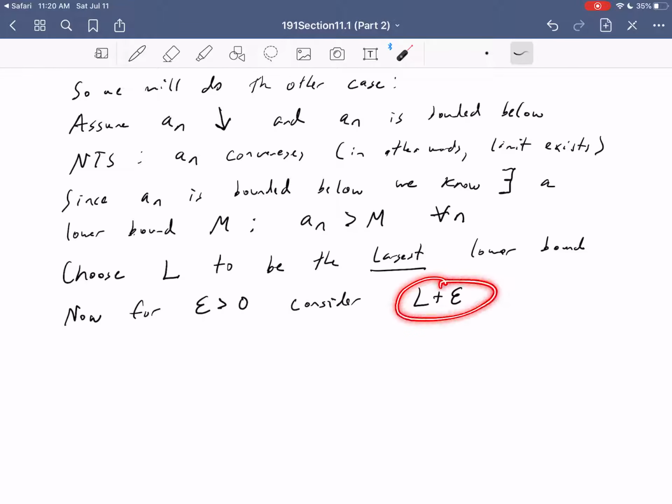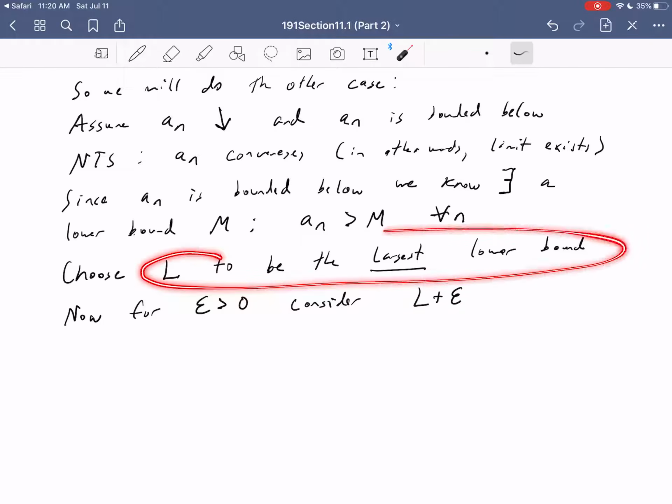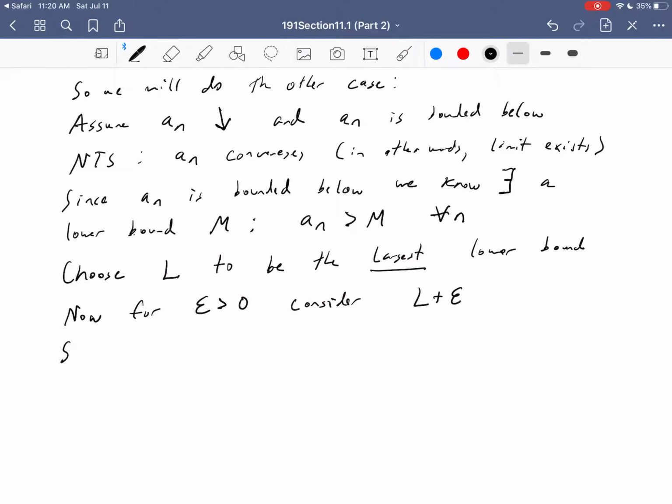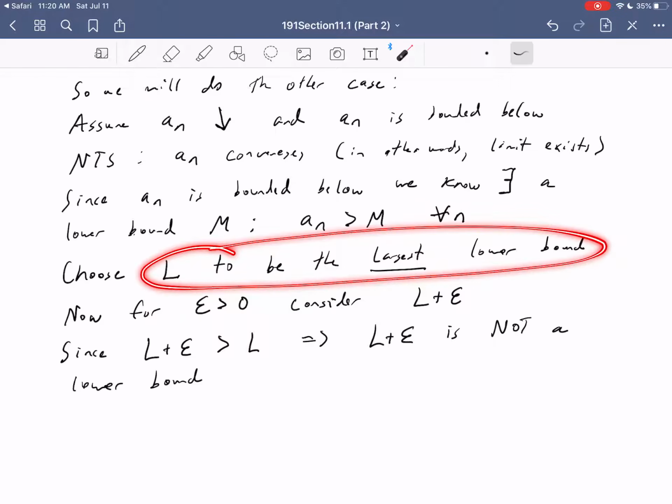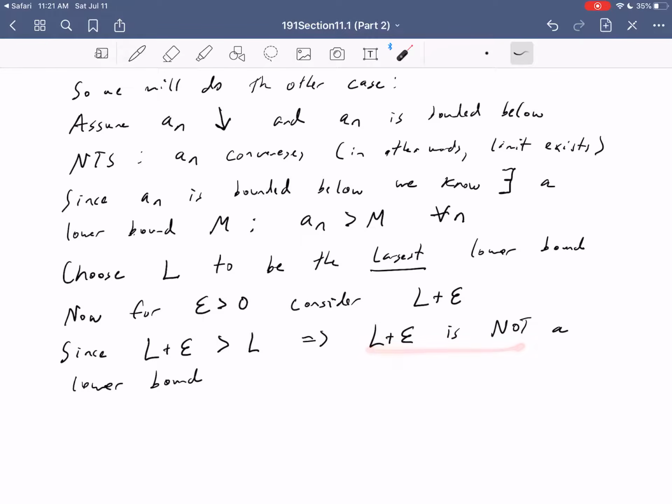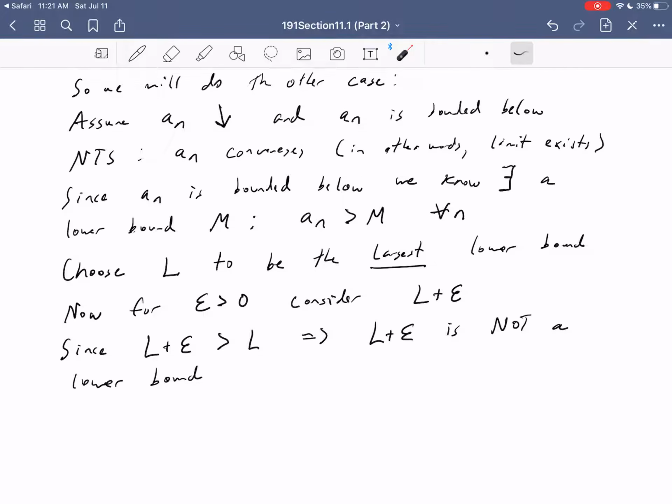Now, L plus epsilon is going to be a little bit larger than L. So since L plus epsilon is a little bit greater than L, this implies that L plus epsilon is not a lower bound. We chose L to be the largest lower bound, so L plus epsilon is not a lower bound.